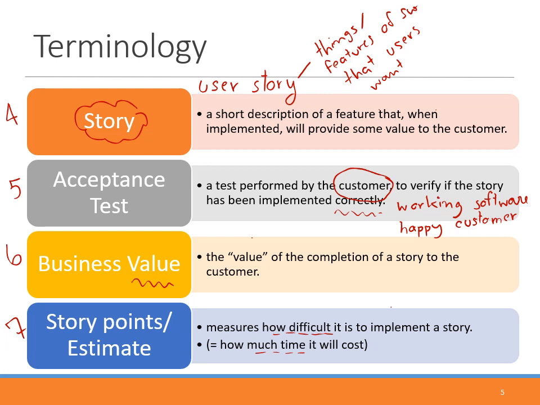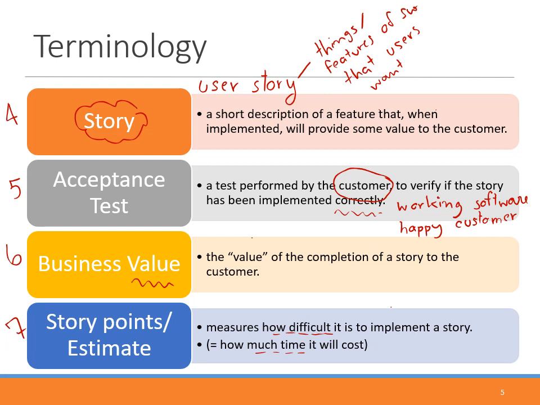So once you have a story, you need to estimate, first, how important it is, right? And second, how much it is in terms of difficulty? So these are the two things. And also we define how we can test the story so that the user is happy as well. So these all are very much related. We will look at some examples.